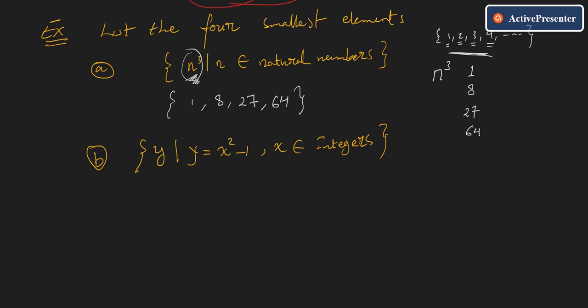Similarly, the same question. The set of y such that y equals x squared minus 1, and x is an element of the set of integers. So we know what integers are: minus 3, minus 2, minus 1, 0, 1, 2, 3.